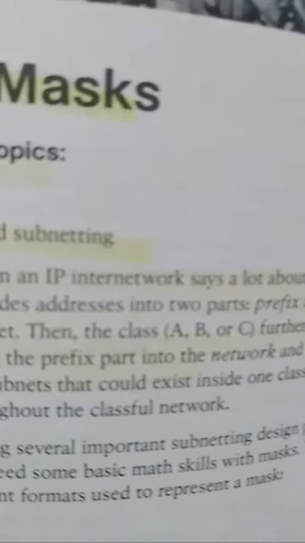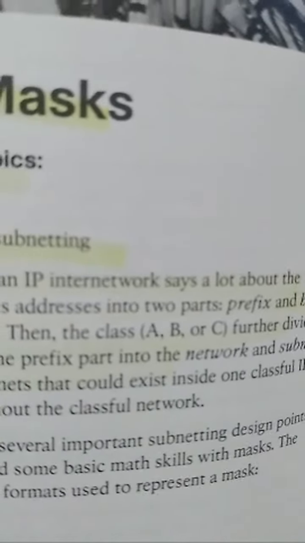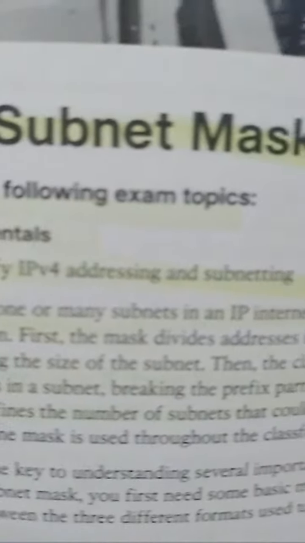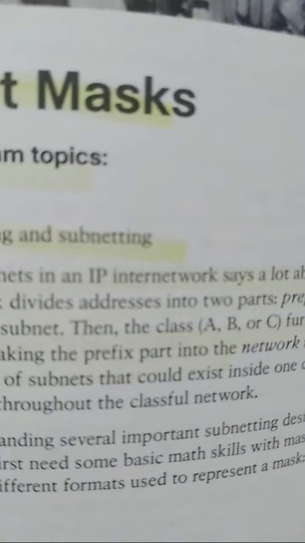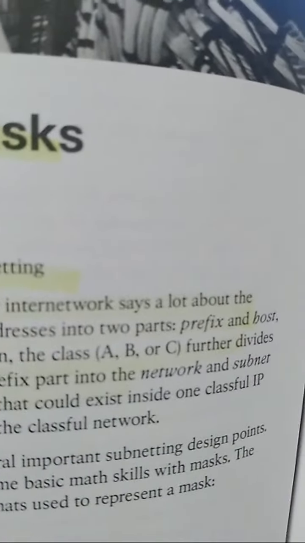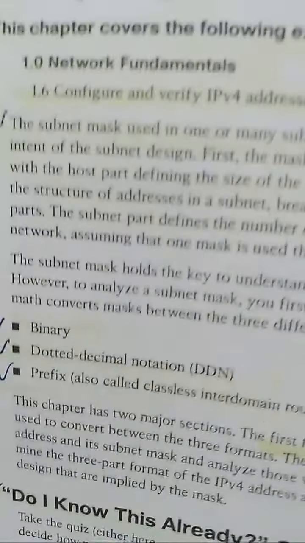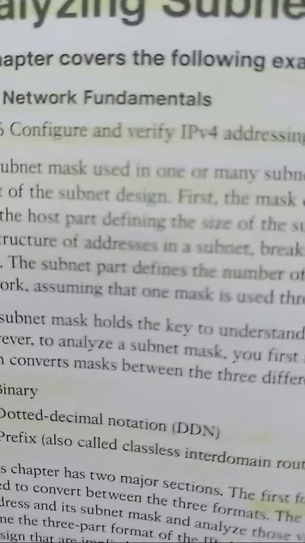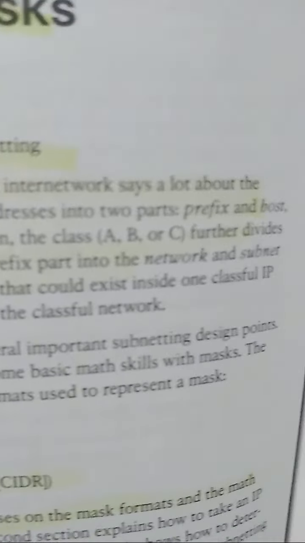Then the class A, B, or C, which is what we will discuss tomorrow, further divides the structure of addresses in a subnet, breaking the prefix part into the network and subnet. The subnet mask holds the key to understanding several important subnetting design points.